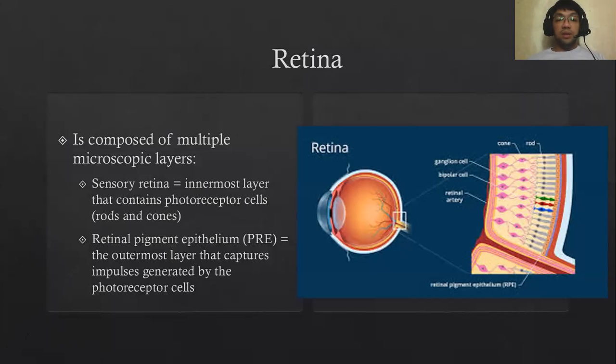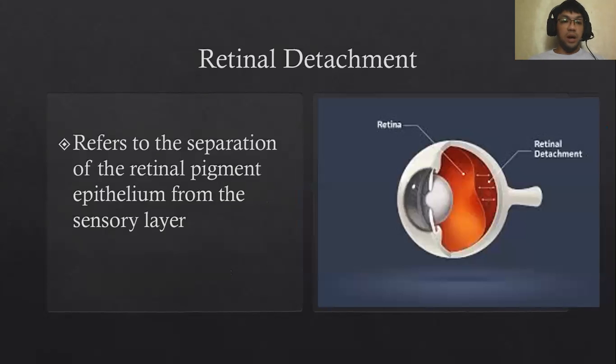So the sensory layer is the one that will receive the light, the vision that we currently see right now. It's the one that receives it and transmits it to the brain for interpretation. So that's what our retina does.